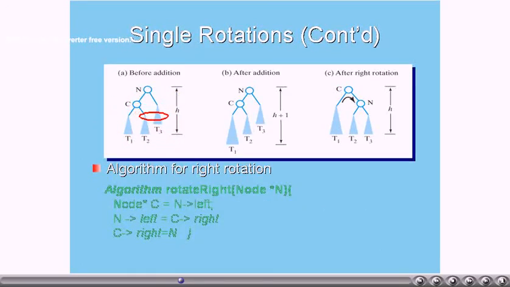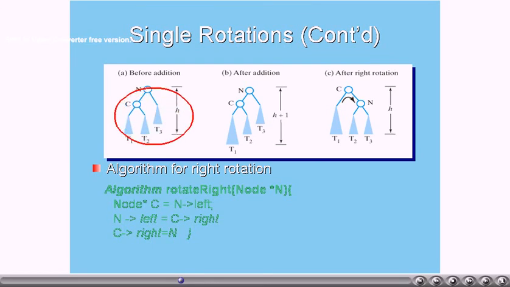Consider the following tree. Two nodes: the root node is n and its left child is c. c has subtrees of height h minus 1, and the root node n has a tree of height h minus 1.